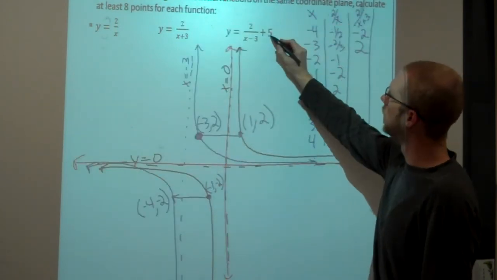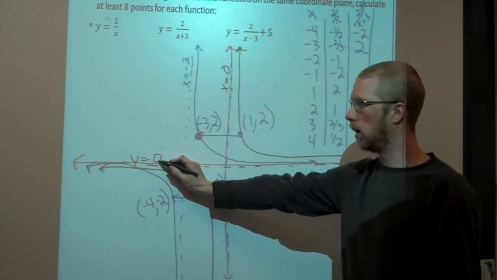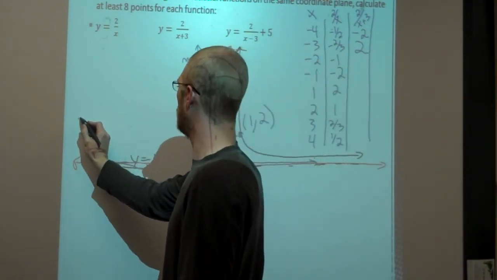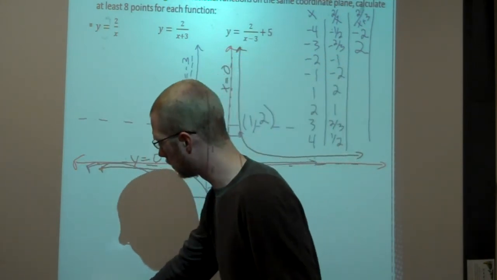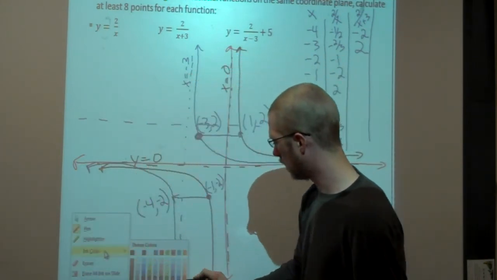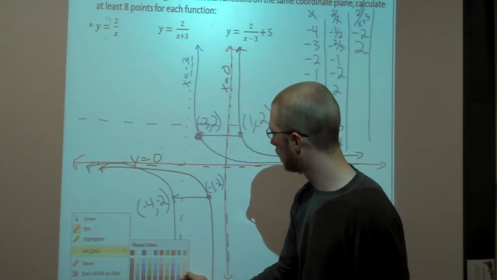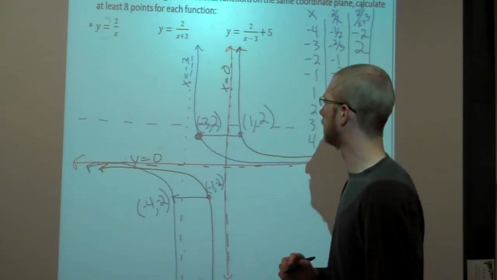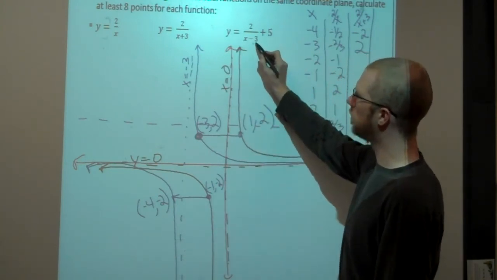Whereas here, my horizontal asymptote should go from y equals 0 up to y equals 5. I'm going to try and get a color that stands out a little more. Let's go with orange.